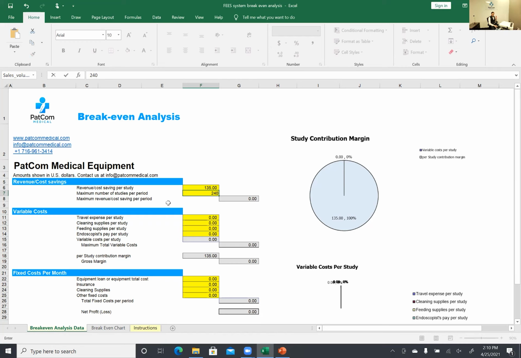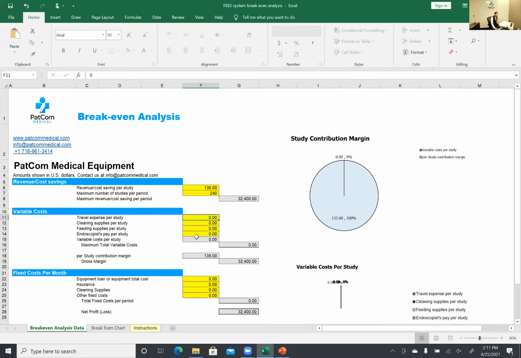So those are the number of studies that we could do as a maximum in a year based on our demand. Okay, so then it'll give me my maximum revenue cost per period, or cost saving in this case. For in a year, I can save $32,000 by doing a FEES if I save $135 per study.